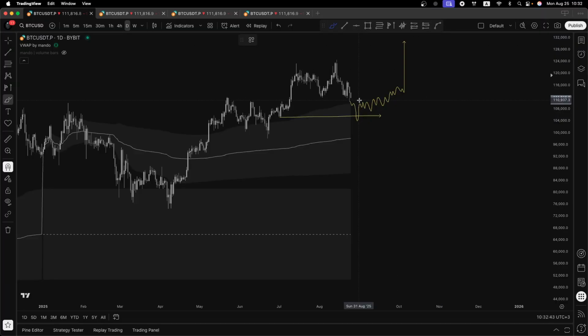Now, the bearish scenario is to come right here, accept below, and go right into yearly VWAP. Yearly VWAP will be another interesting level to hold because, as we know, price is bullish above VWAP and bearish below, and this could potentially lead to a leg higher.